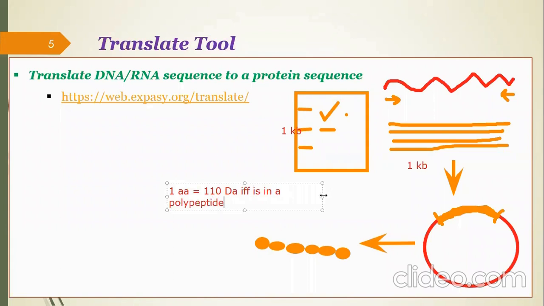This is important. So 110 Dalton if that amino acid is in a polypeptide chain.